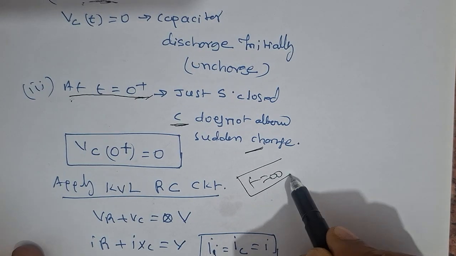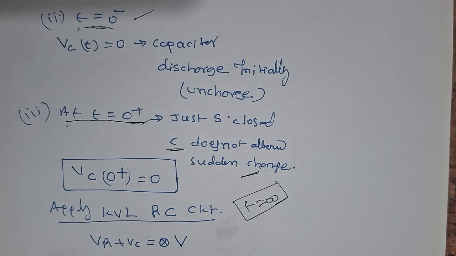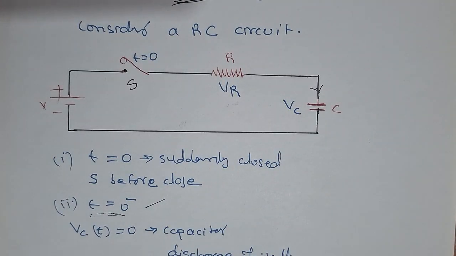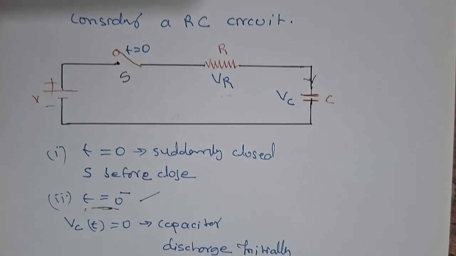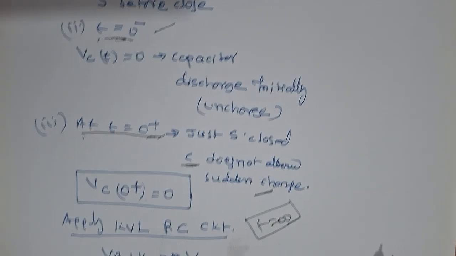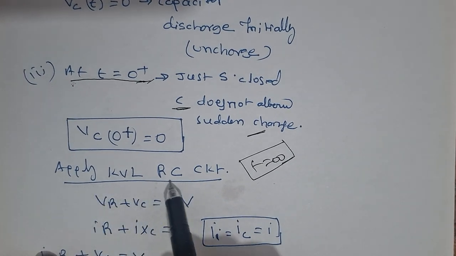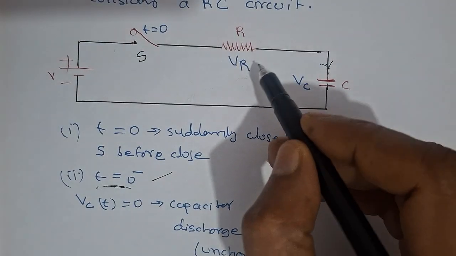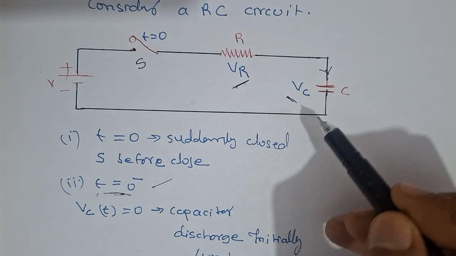So we have to close the switch for a longer period of time, then see how the capacitor gets charged, until what time, and what the response is. When t is equal to infinity, apply KVL for the RC circuit. The voltage across the resistor is VR and the voltage across the capacitor is VC.